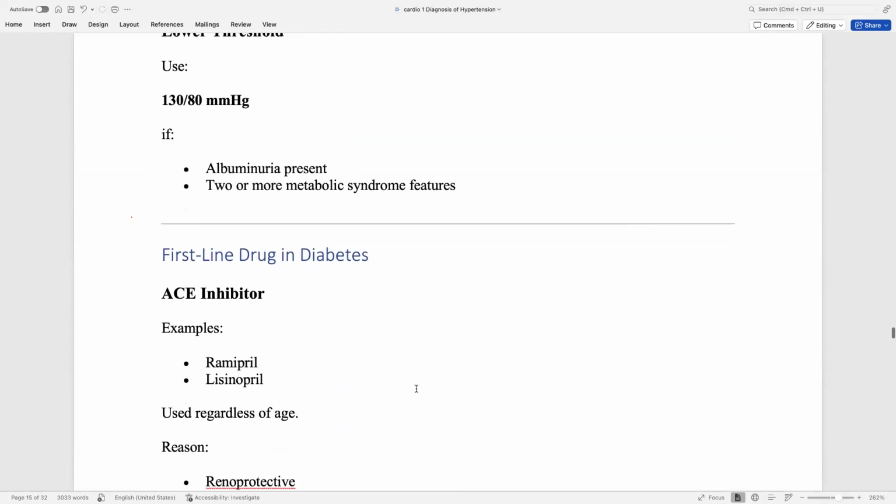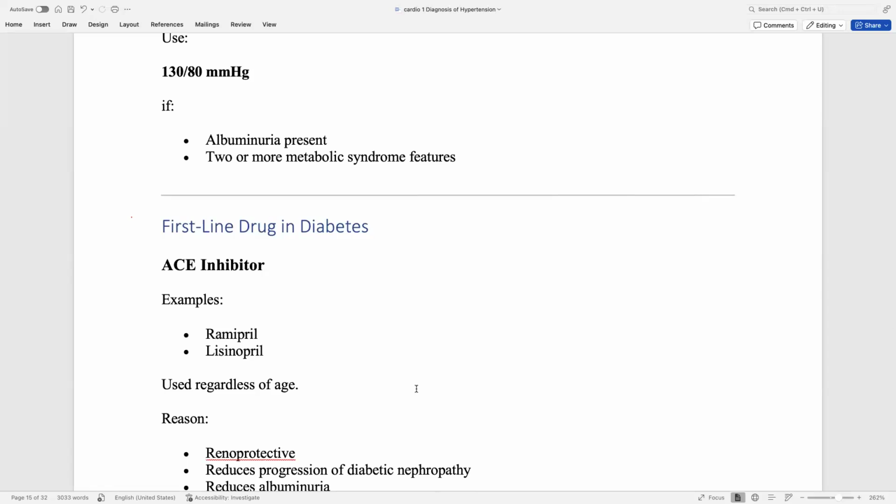What is the treatment for hypertension in diabetes? Which will be the selection? Of course, you will select something that is renal and cardioprotective, because diabetes can cause renal risk and heart risk. So we'll give ACE inhibitors.